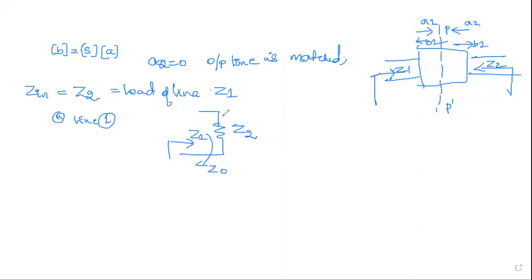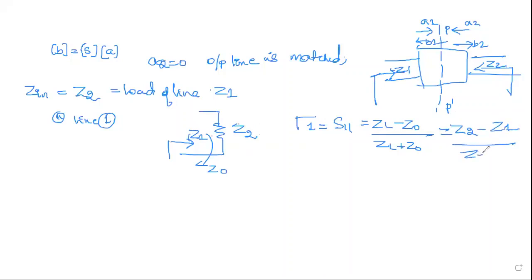For this, if you write the reflection coefficient gamma 1, which is also nothing but S11, you know the general equation of gamma, that is the reflection coefficient, ZL minus Z0 divided by ZL plus Z0. Just relate it to your impedances. Here your load becomes Z2, whereas the characteristic impedance will be Z1. So Z2 minus Z1 divided by Z2 plus Z1.